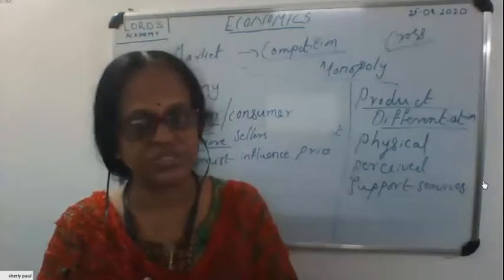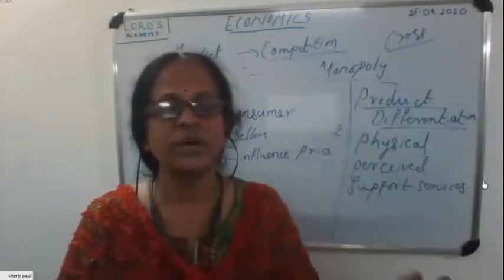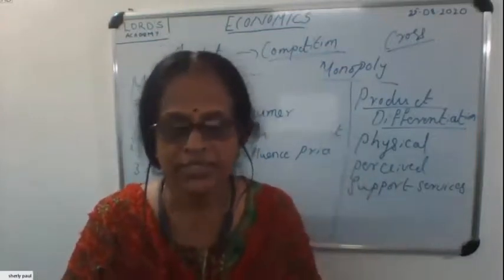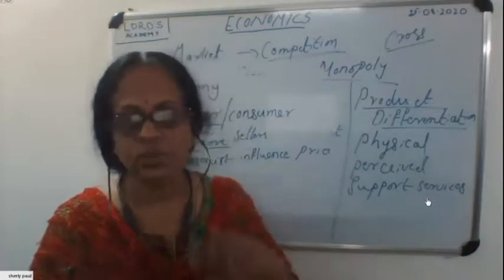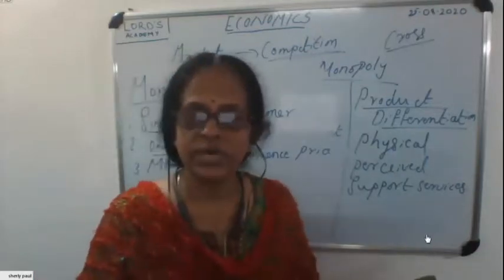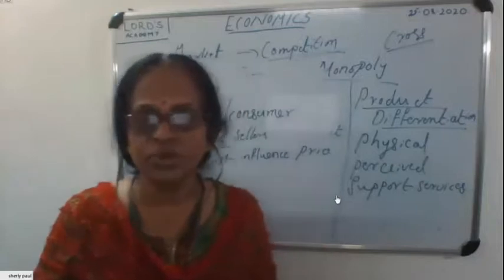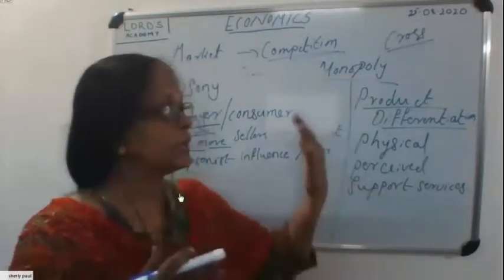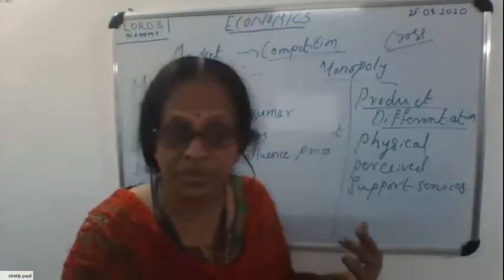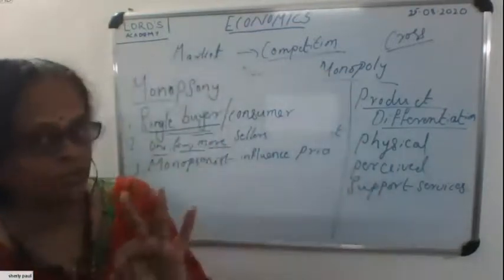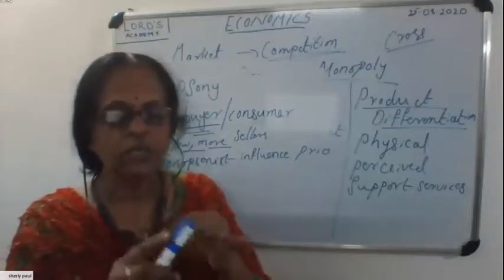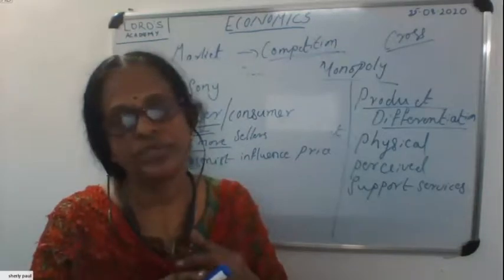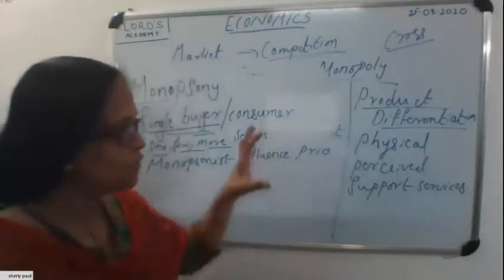In perfect competition we studied the characteristics: free entry and exit, a large number of buyers and sellers, no close substitutes, perfect knowledge, no transportation cost, no selling cost. When we come to imperfect competition, we studied three markets: monopoly, monopsony, and monopolistic competition. These characteristics are different, and what do you mean by that?